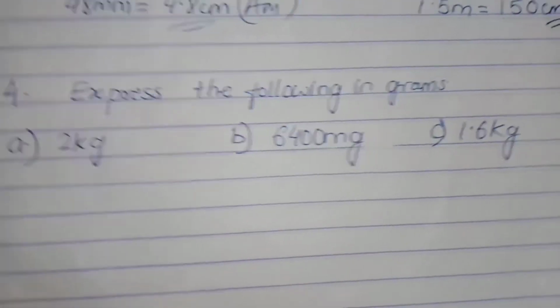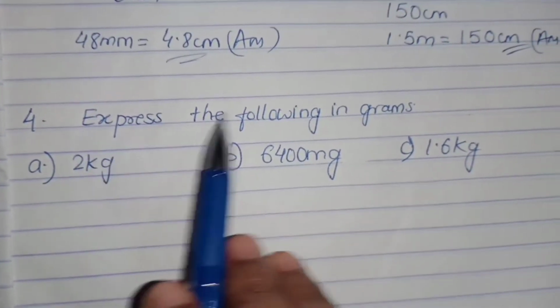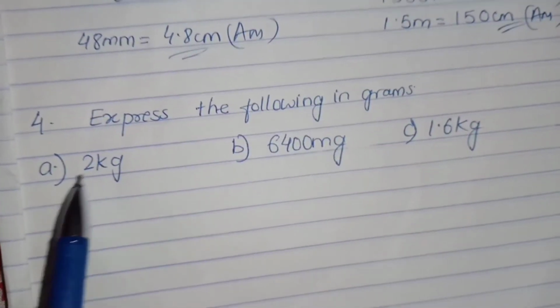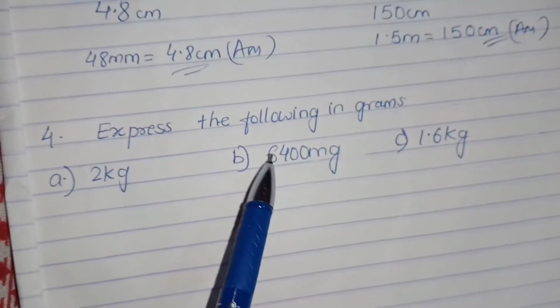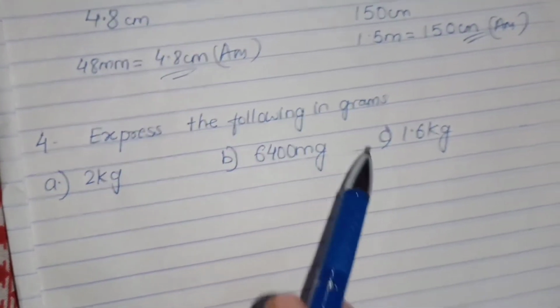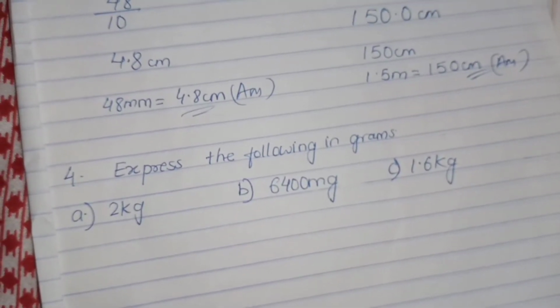Now question number 4. In question number 4 we have to express the following in grams. Here A is 2 kg, B is 6400 milligram, and C is 1.6 kg.